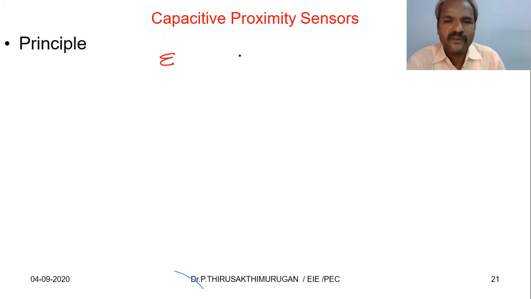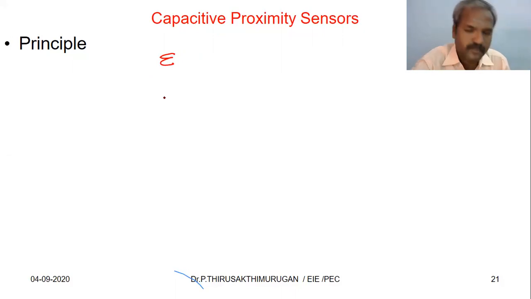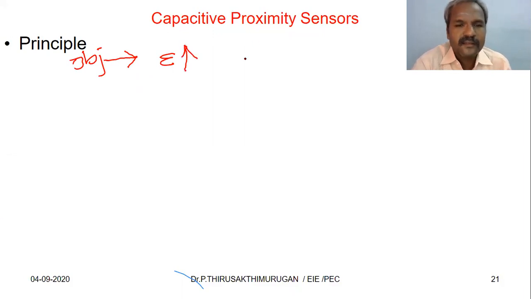So there is no permittivity because there is no pair of electrodes when the object is not present. When the object is approaching towards the sensor head, the epsilon, the permittivity, increases.